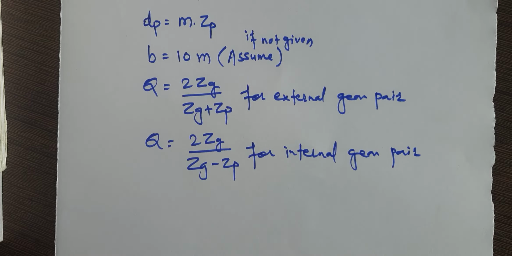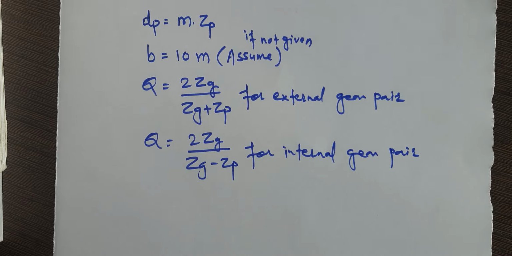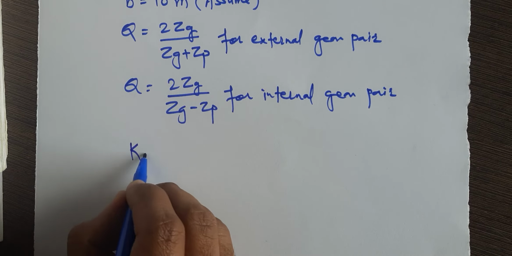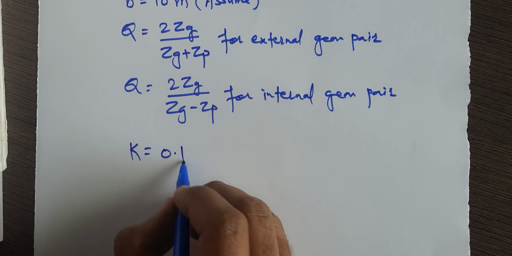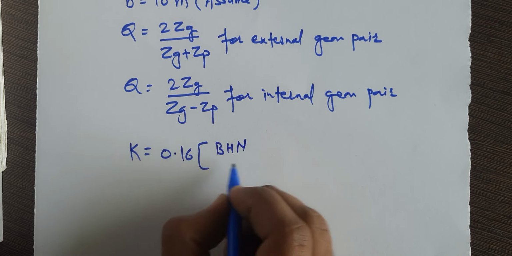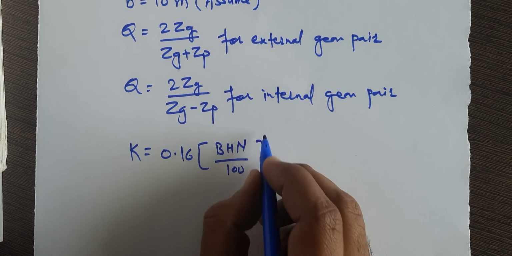Then k is the load stress factor, and it depends on the material, steel pinion, steel gear, or whatever the material of the gear pair. So here again there are a few formulas for k. The first formula of k is 0.16 (BHN/100) squared.